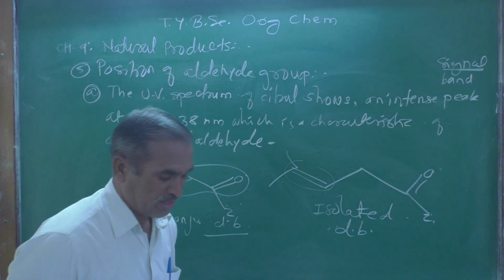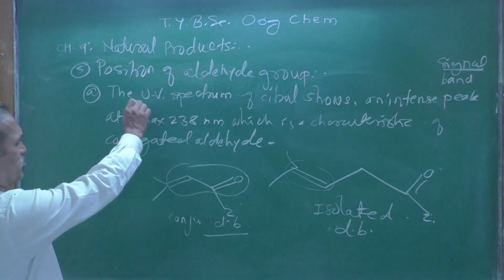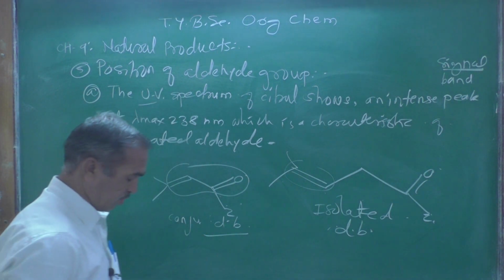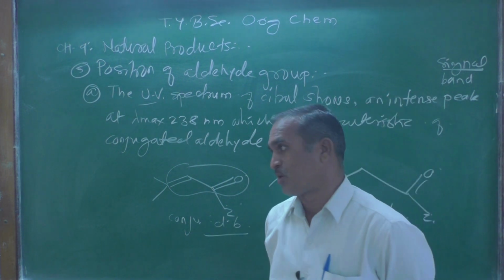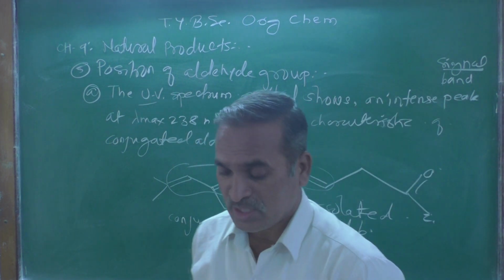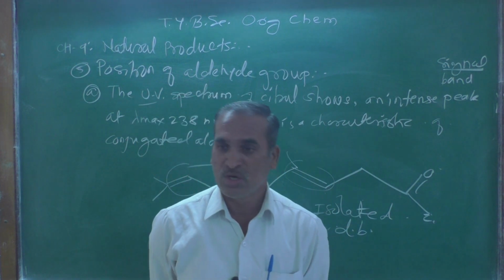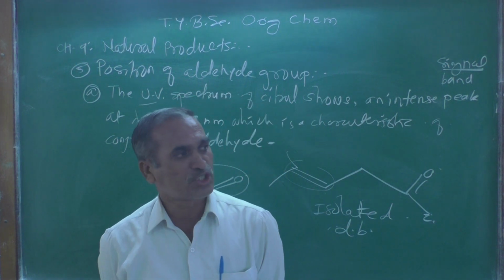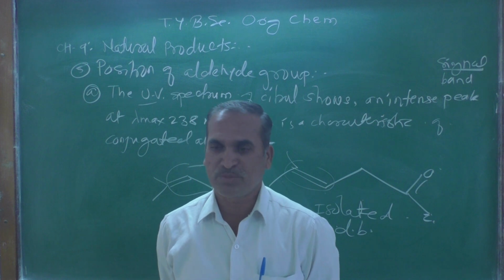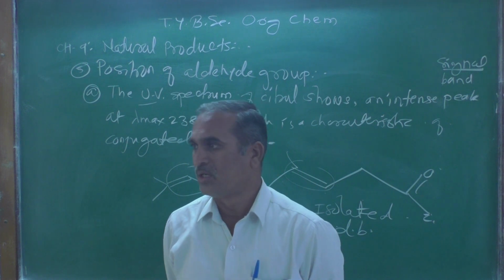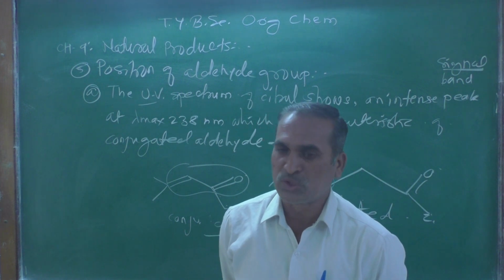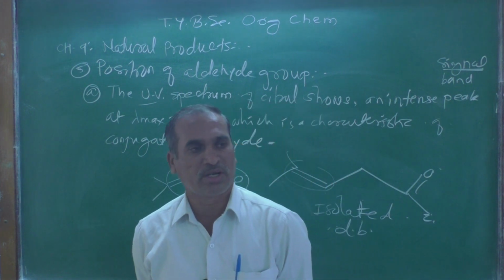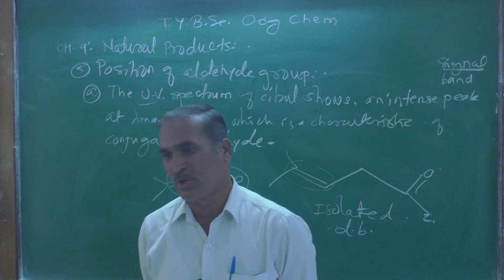of conjugated aldehyde. Ultraviolet spectrum: what do you mean by ultraviolet spectroscopy? In this semester we are going to learn different spectroscopies. These are the modern methods for elucidation or structure determination of organic compounds.